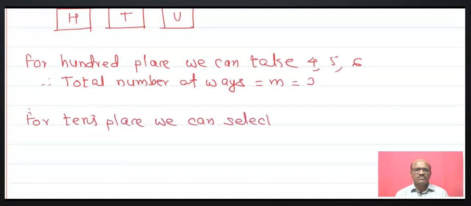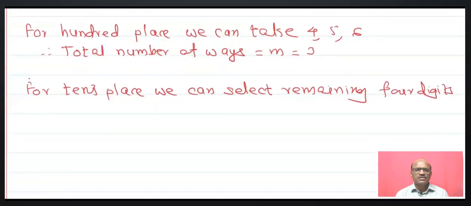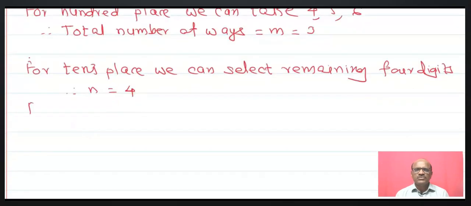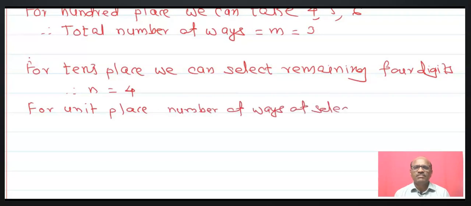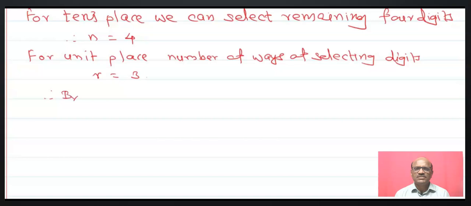For the 10th place, we can select the remaining 4 digits because repetition is not allowed, n is equal to 4. And for unit place, the number of ways of selecting digits r is equal to 3.